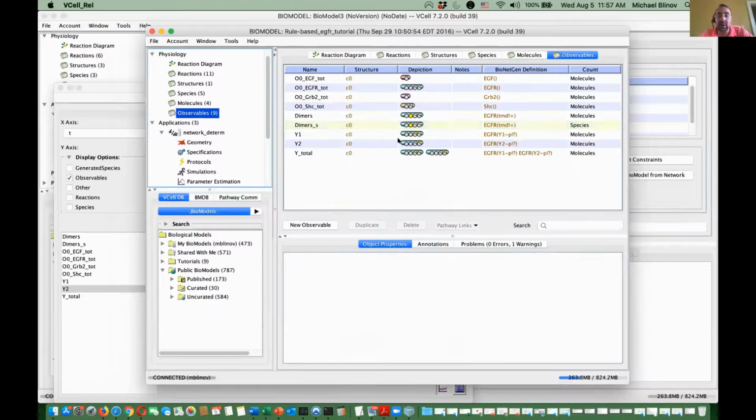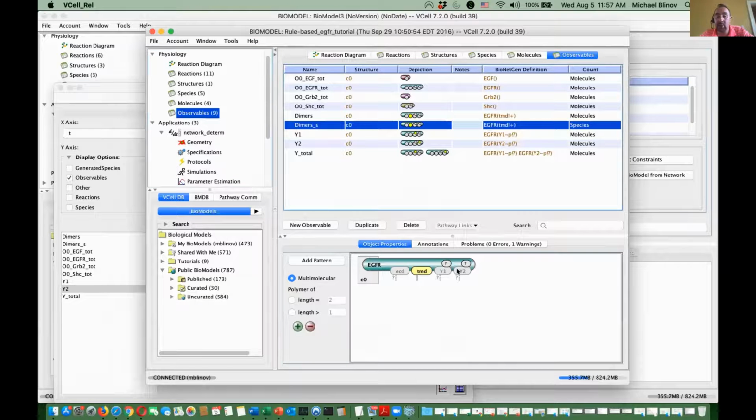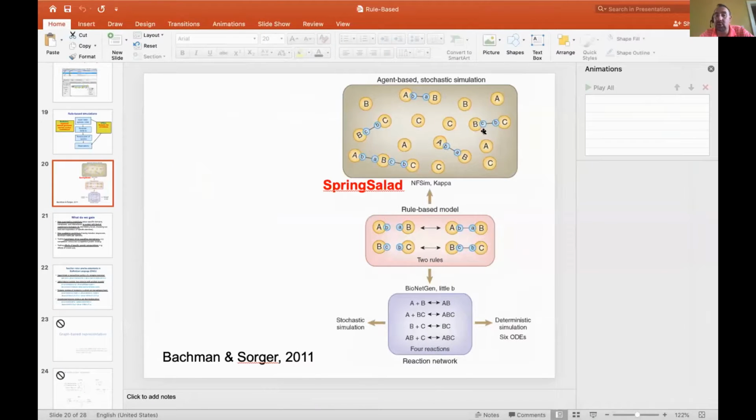An observable is, for example, a dimer. It's a receptor that is bound to something. To find the number of EGFRs in dimers is very easy. You don't need to know how many different species there are. You just go through this cartoon and you see, for example, how many A's are in a complex with B. This A has a bond, this A has a bond, this A has a bond.